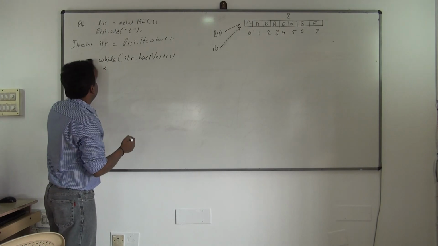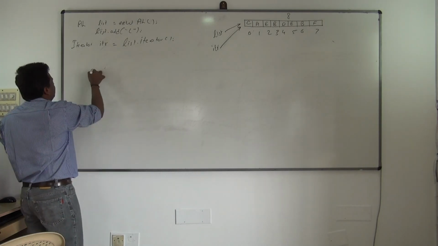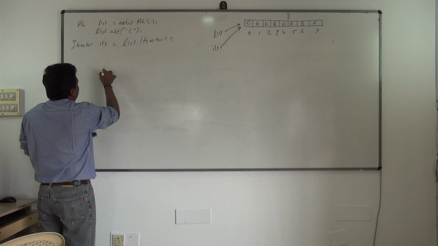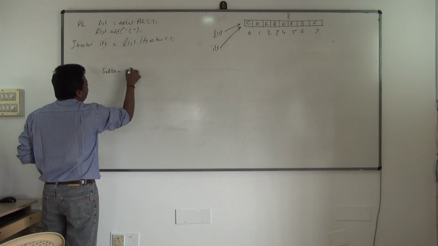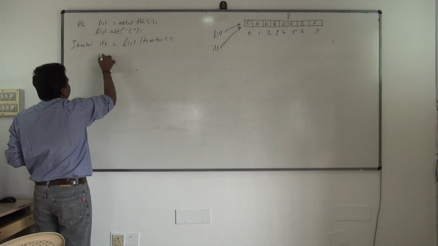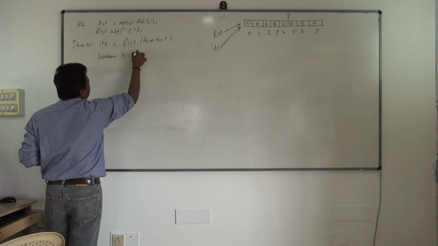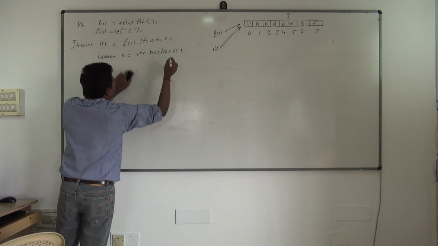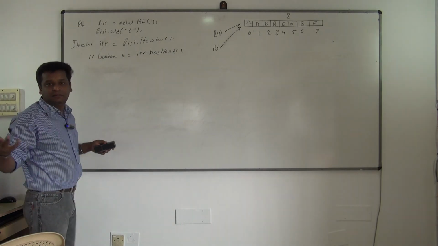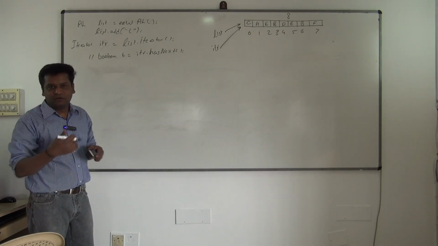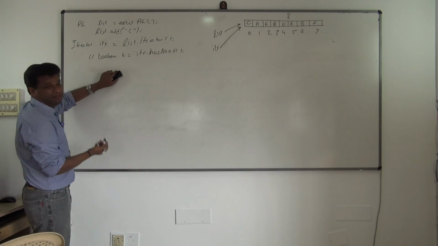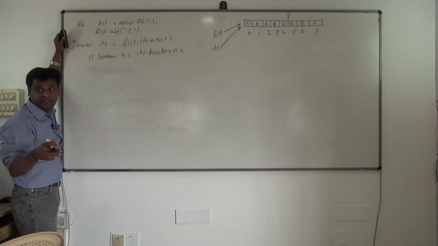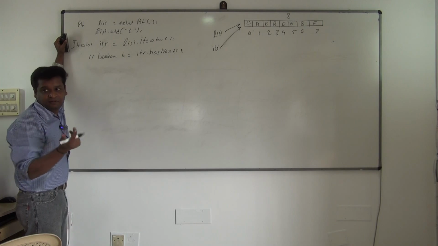See, one thing is like this you take now. Boolean b is equal to itr.hasNext, which means the return value will be true. That's all. What will you do with the true value? Okay, I want to visit all the elements. So you can check if you want. It will be true because the element is present. If the element was not there, it would have been false.